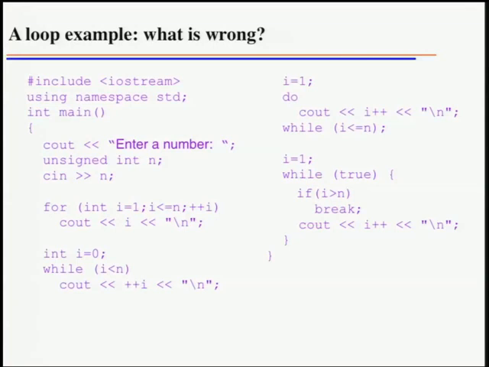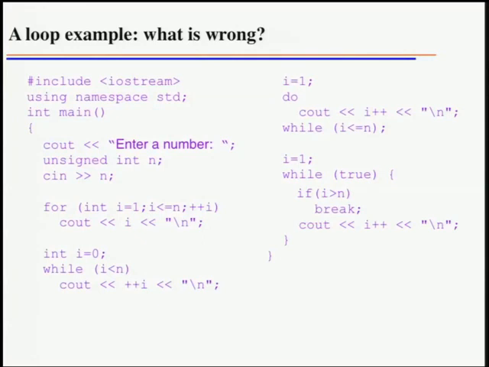The for loop initializes the loop counter to 1, goes on while I is less than or equal n, and the loop increment is 1. And for each loop iteration, you output the value of I. So you start with 1, check the loop condition. If the user entered 0, you will immediately break and not print anything.